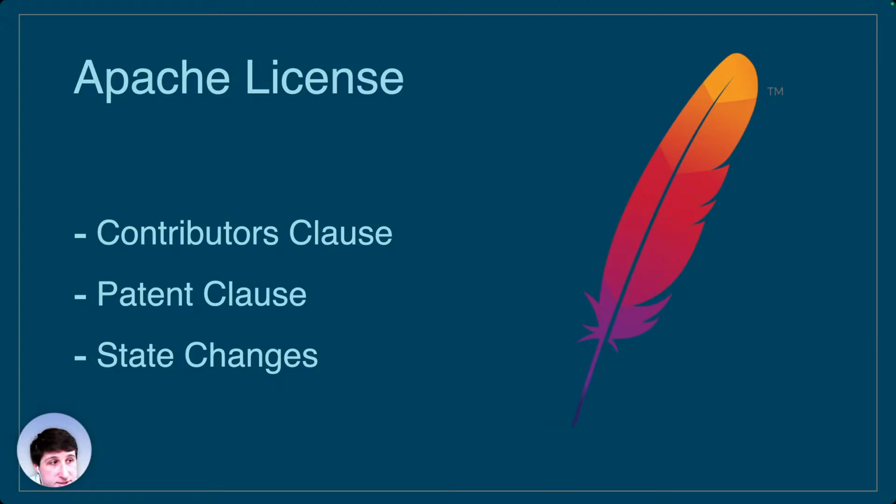What the contributors clause says is if you contribute to the original open source project, by default, your contribution will also be under the same license. So, for example, if I have a project on GitHub and somebody gives me a pull request saying, I want to put this patch in, I want to add this part, is that patch under the same license?